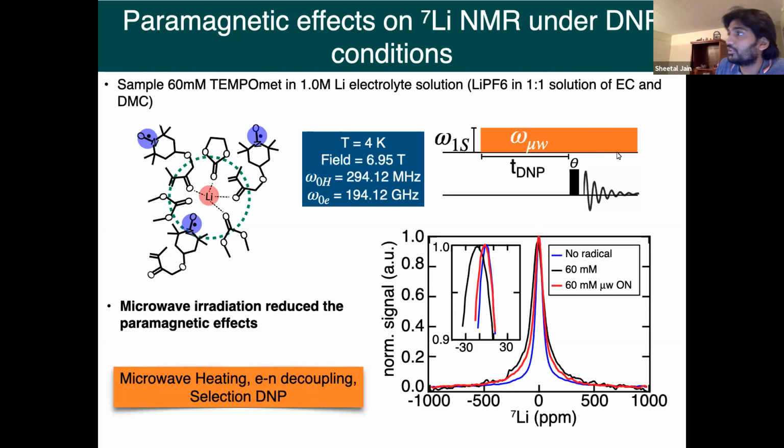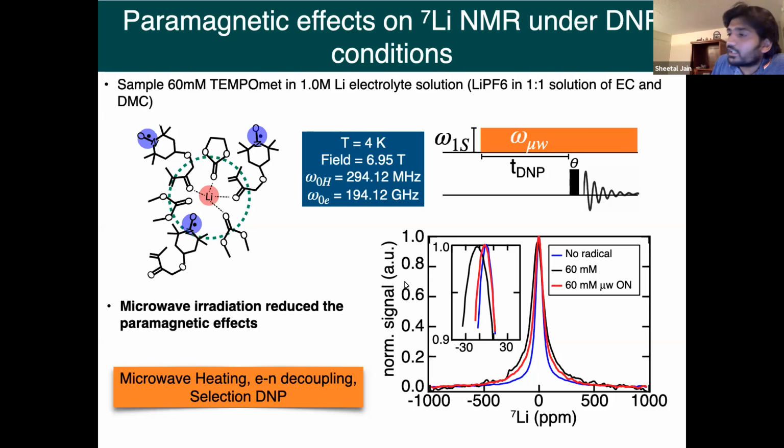So during acquisition, maybe the microwaves are leading to some decoupling of the electron nuclear hyperfine coupling. It could be selective DNP, and by that I mean some of the lithiums which are located slightly far away, so that they are not influenced by the paramagnetic effects, are getting enhanced more than the other ones that are more affected by paramagnetic effects, and hence we are observing a signal which looks like a reversal, but it's only this selective DNP.